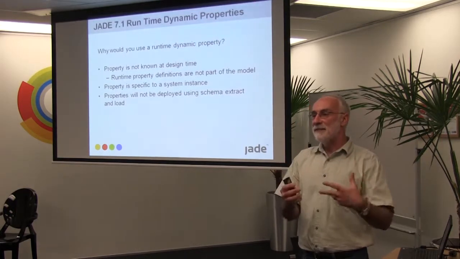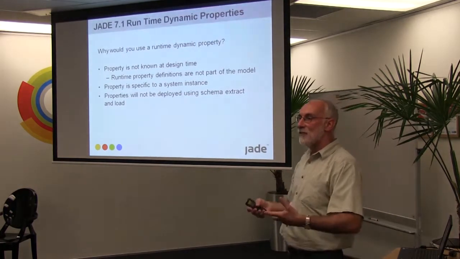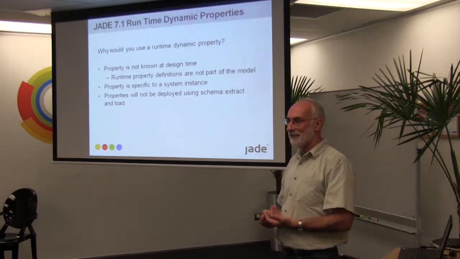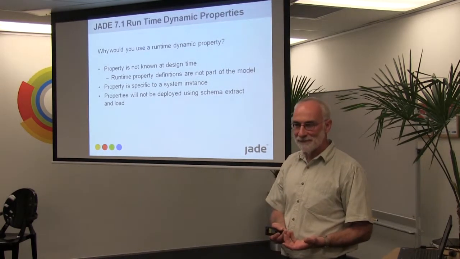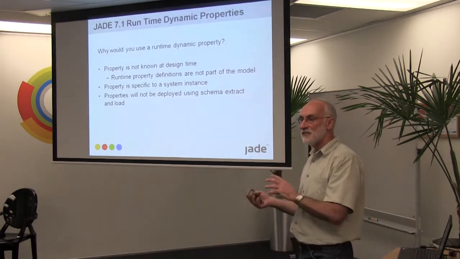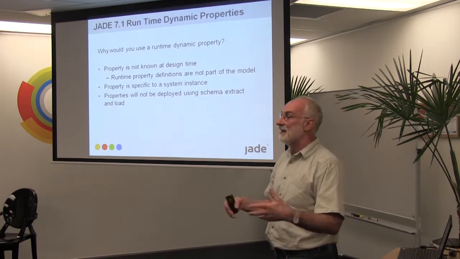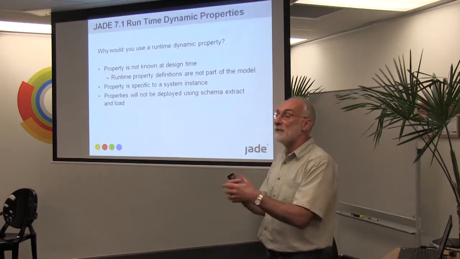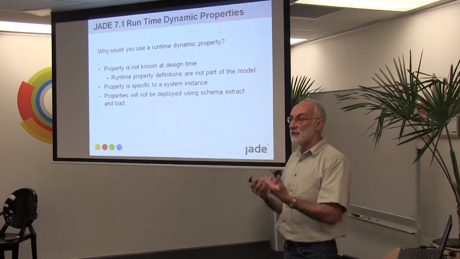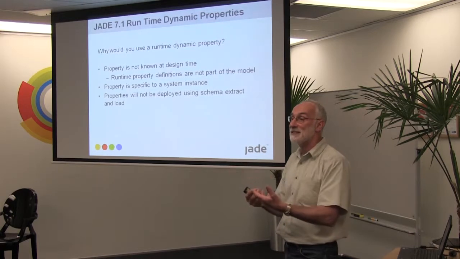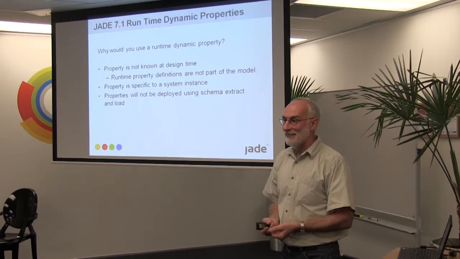Well, if your application doesn't really know what these properties are going to be, then how can you put them into your model? We've got Jade applications now where this is exactly what happens. They get a CSV loaded, and they say, okay, we want to load this, and we're going to create a class, we're going to create properties, and we don't know what they are.